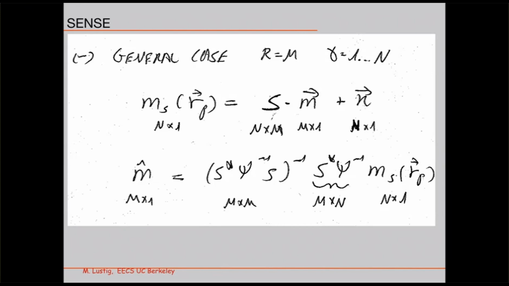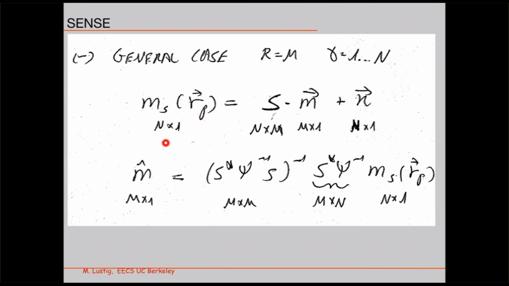So in that case, these are the folded pixels. Sorry, hold on. These are the folded pixels, an n by 1 vector.